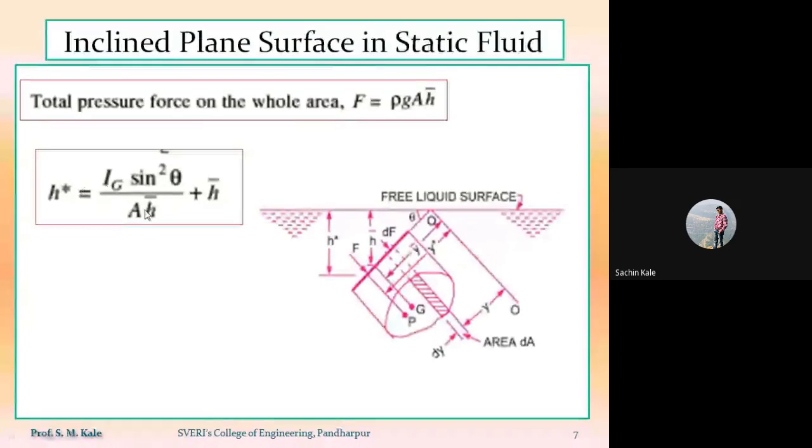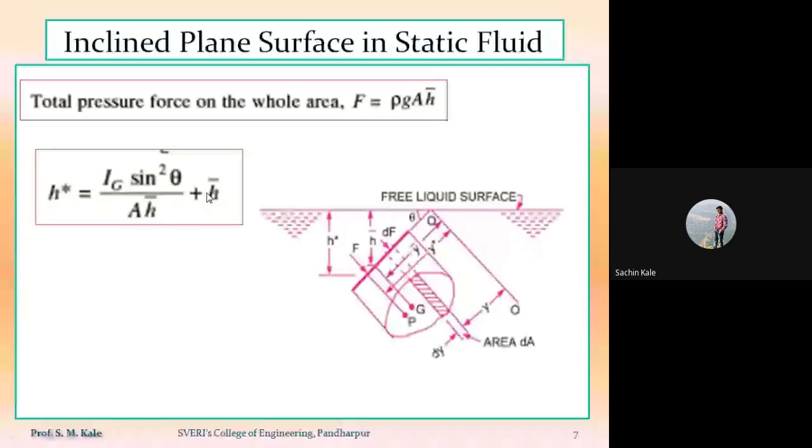In the same formula, if I put the value of theta as 0, then sine 0 is nothing but 0, and something multiplied by 0 becomes 0. Then the value of h star will be equal to the value of h bar.